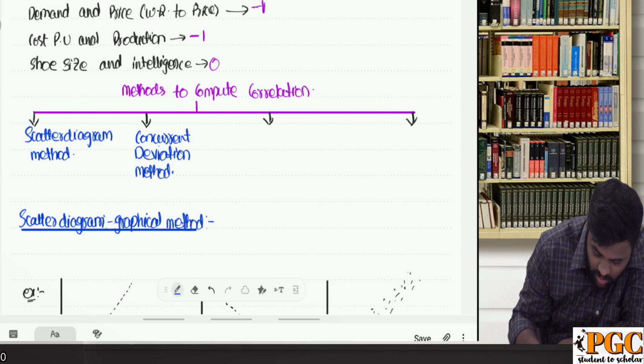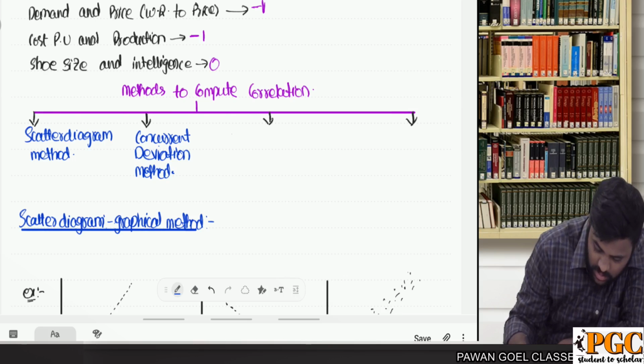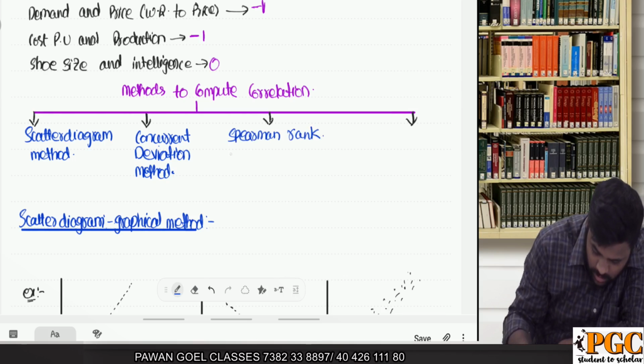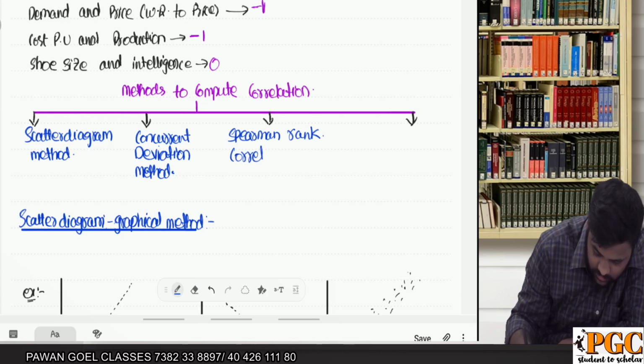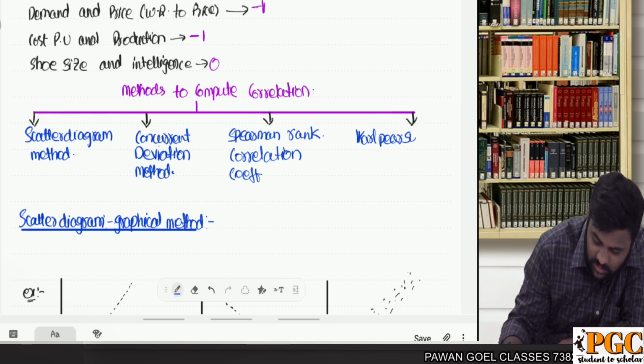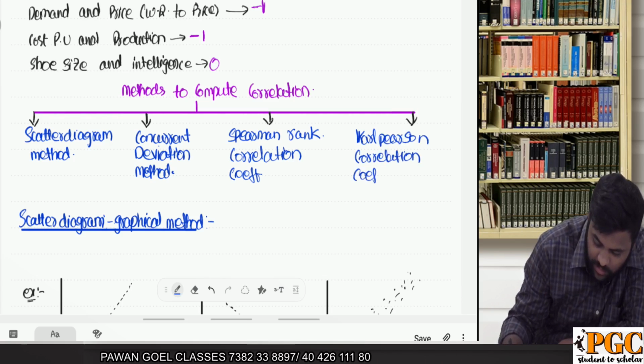The third method we call the Spearman rank correlation coefficient. The fourth method you have is the Karl-Pearson correlation coefficient.